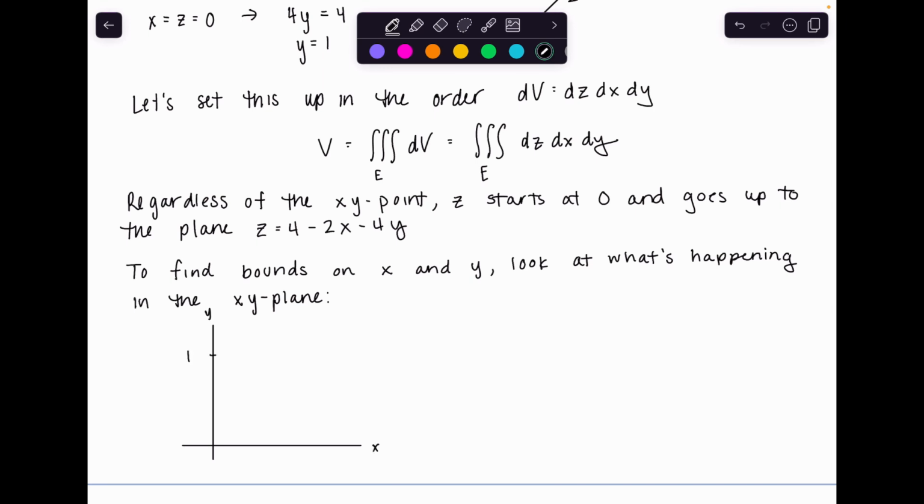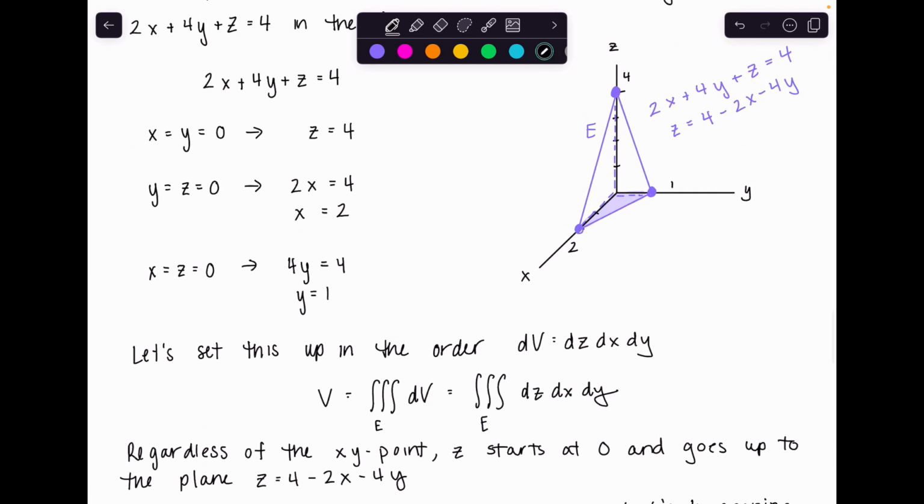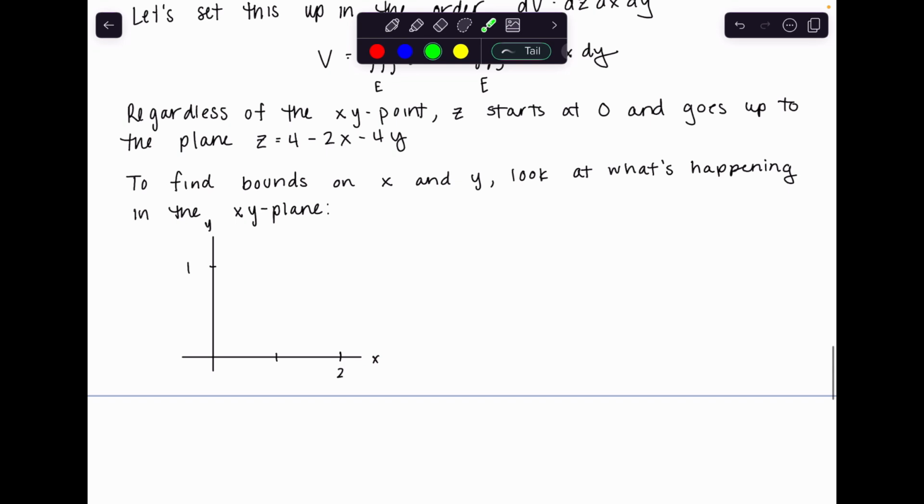If you remember the points we found, x goes out a distance of 2, y goes out a distance of 1, and we have the line connecting them. So this is the bottom of that tetrahedron.